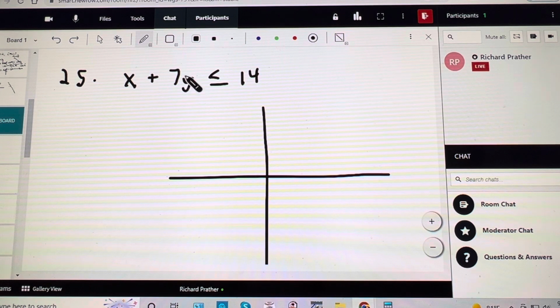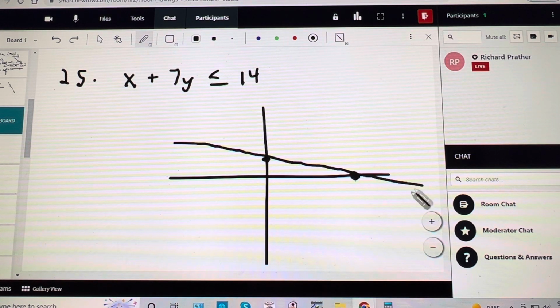Plug in 0 for y, and x would be 14. Plug in 0 for x, and 7y equals 14. Divide by 7. Y would equal 2. (14, 0) and (0, 2).